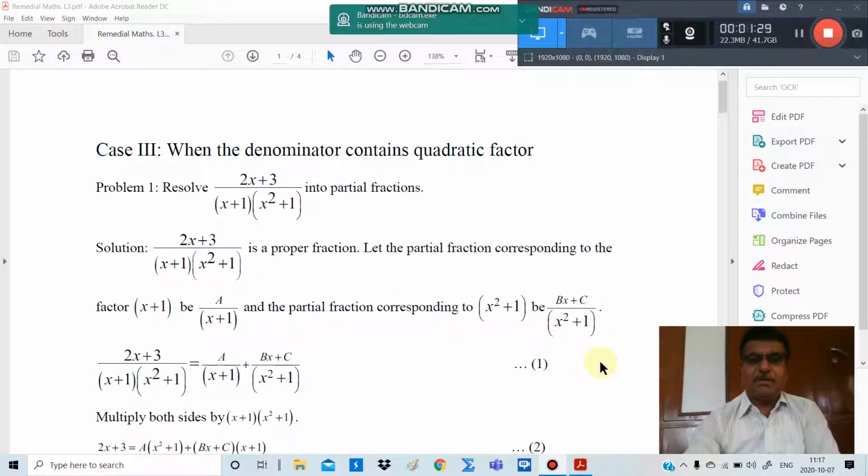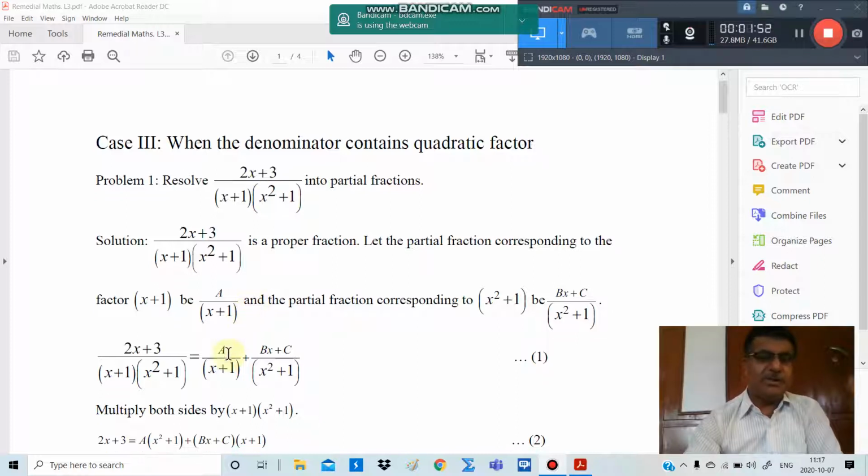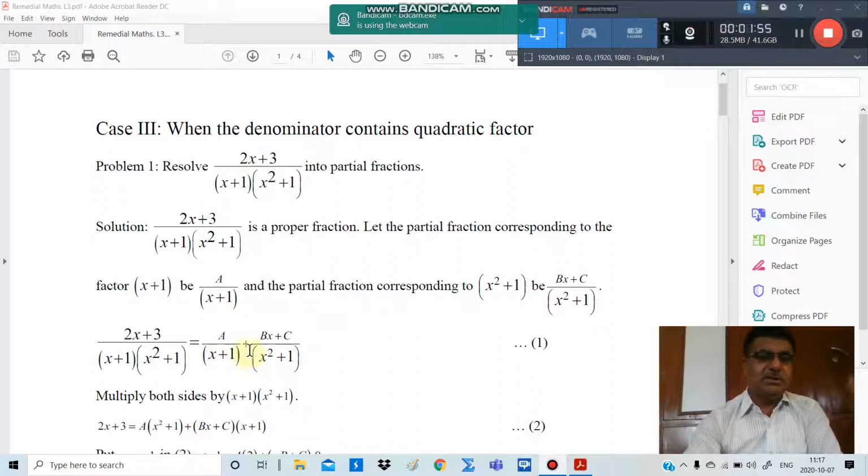Where a quadratic factor is given, we use bx plus c in the numerator, because a has been used in the first fraction. Now for x square we start from bx plus c upon x square plus 1. Therefore this given proper fraction can be written as a upon x plus 1 plus bx plus c upon x square plus 1.